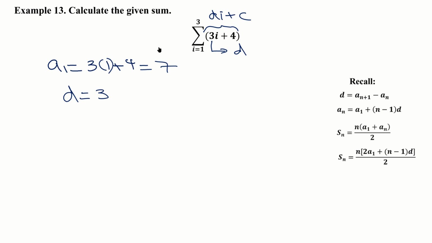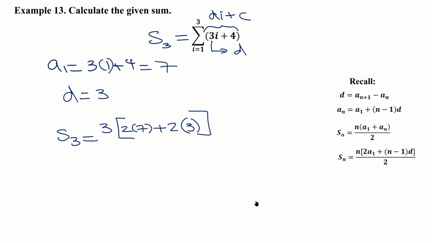So we don't really need to calculate what the third term is, because we can just use this version, right? So we get S3, which is n, which is 3, times 2 times a1, so 2 times 7, plus n minus 1. Remember, n is 3. So 3 minus 1 is 2. So we get 2 times the common difference, which is 3. From here, remember, that's going to be the coefficient of the i term here.